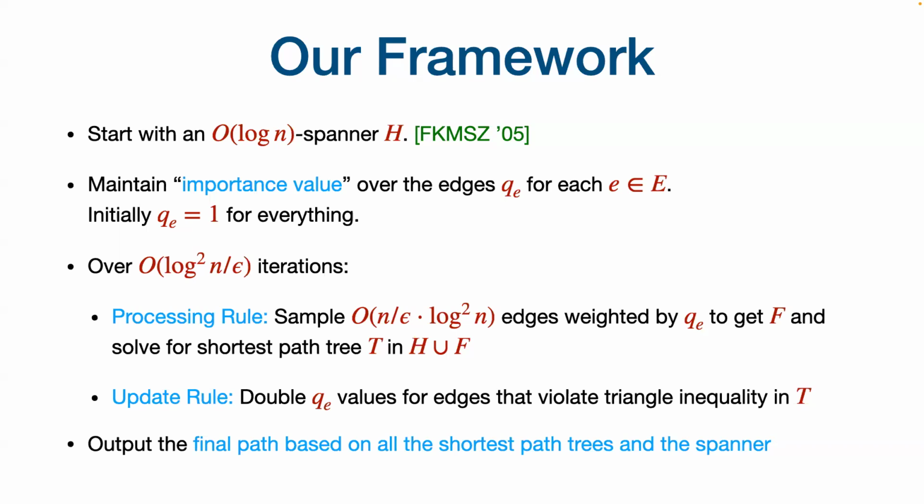And I also have a spanner. So it'll have T1, T2, and so on till Tk along with the spanner. This will be a lot of edges. Look at all these edges together, in the union of all. And then output a final tree based on everything here. So you can have some edges from one tree, something else from another tree, and so on. It's a mix of everything.